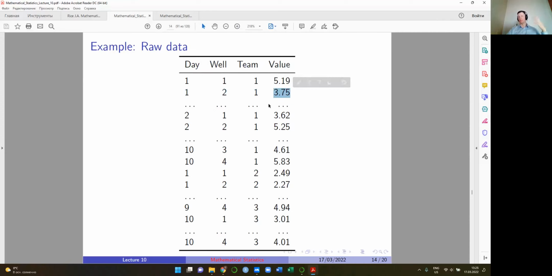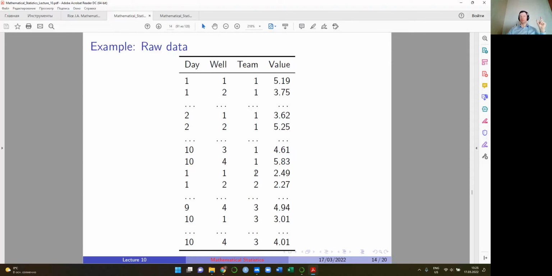So well 3, team 1, and so on. Then the second day, well 1, team 1, and so on. Well 2, team 1. And you do this for 10 days for team 1. So team 1 needs to work in all 4 wells for 10 days, and you record the performance of every combination for 10 days.